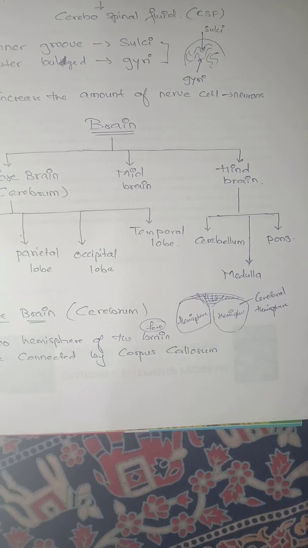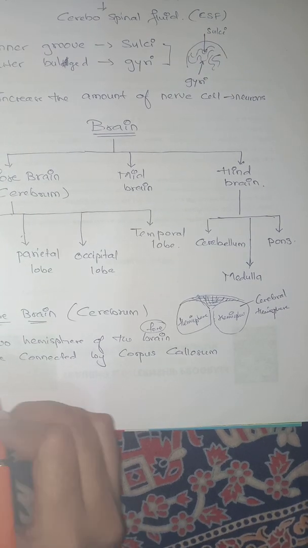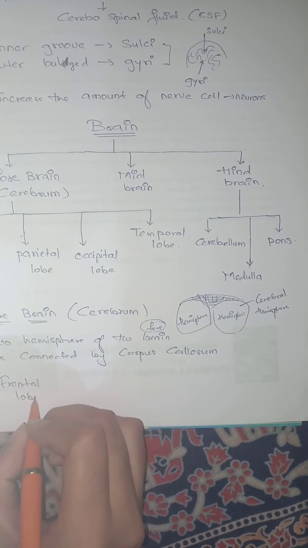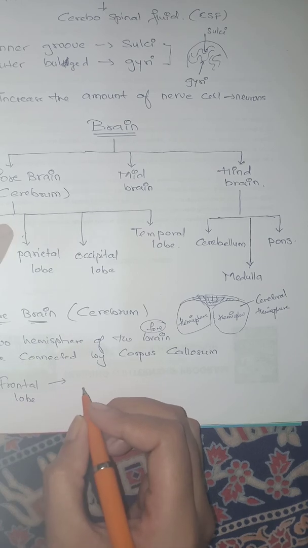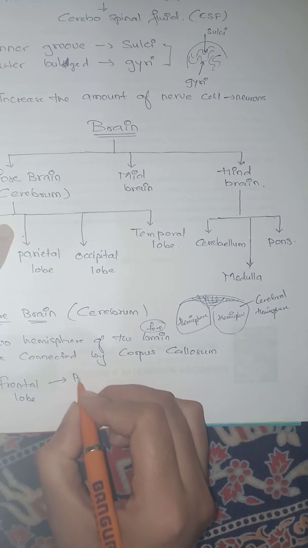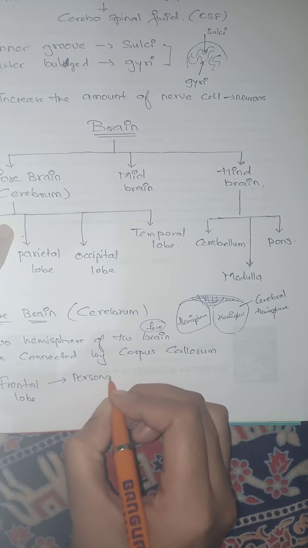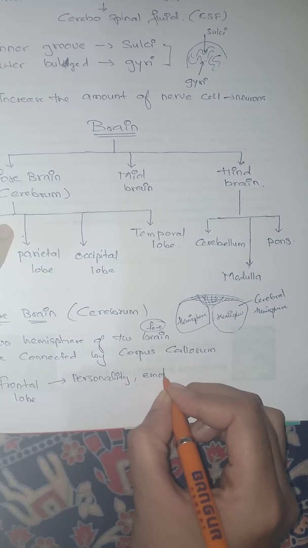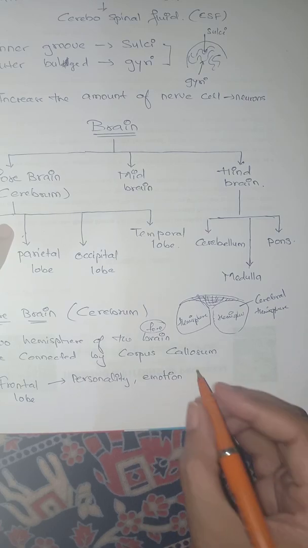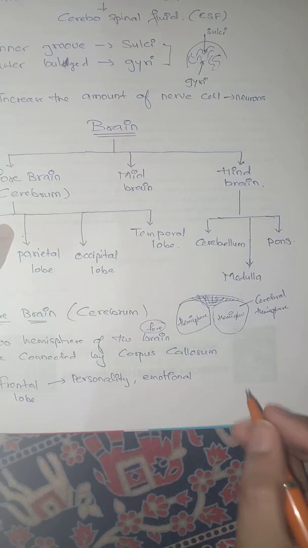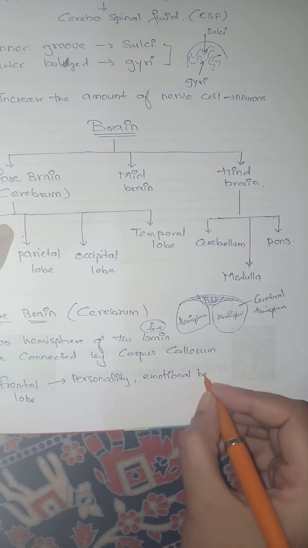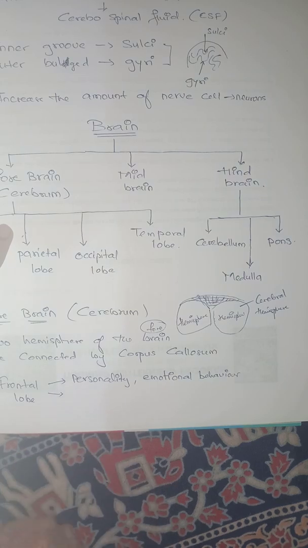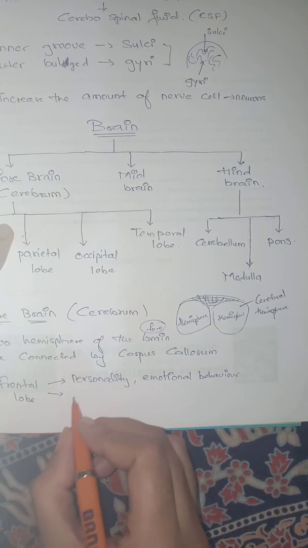So first we will talk about the frontal lobe. I will only mention their functions. The frontal lobe helps in personality and also the emotional behavior. Another work of this lobe is helping in solving problems.